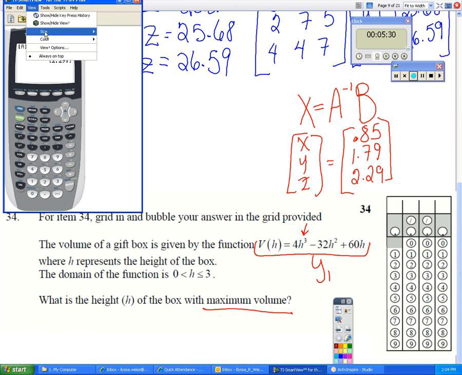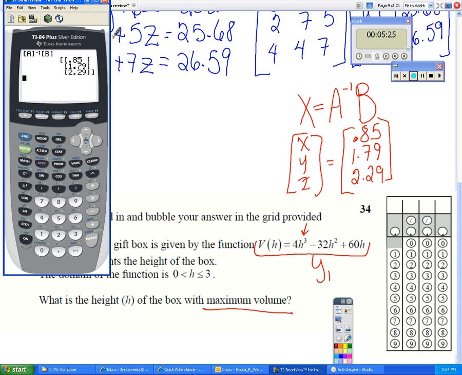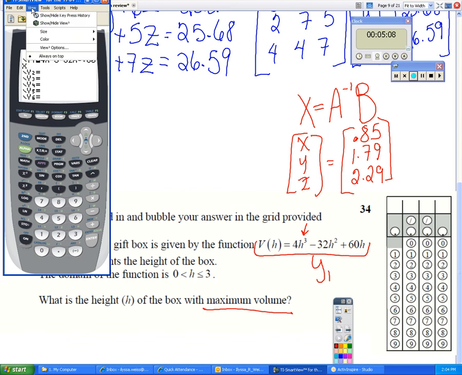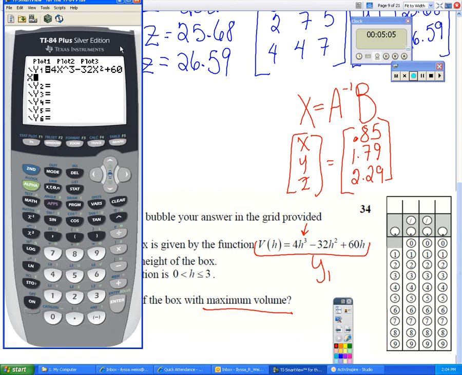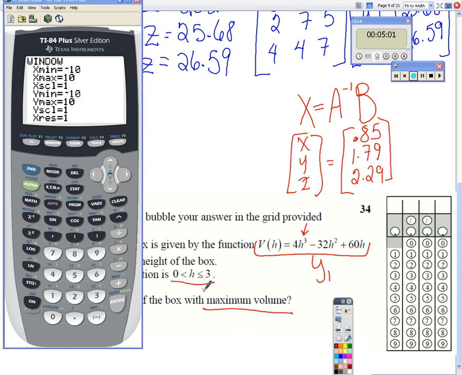So make this a little bit bigger. Okay, so y equals 4x to the third minus 32x squared plus 60x. And I'm going to hit the window button because they tell me to only look between 0 and 3 for my domain.